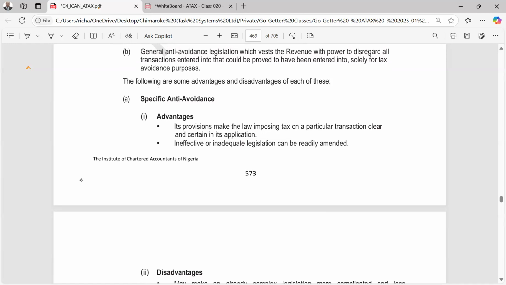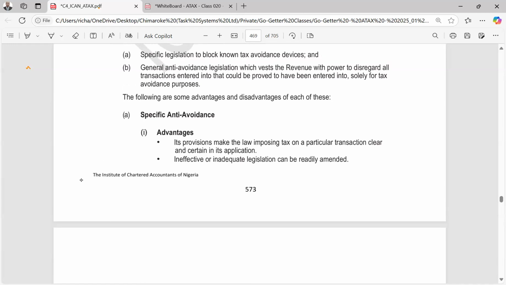Second one is ineffective or inadequate legislation can be readily amended. So when there is a specific legislation, for example, VAT, at a point, people were saying that the VAT predates the Nigerian constitution and it is not in our constitution.